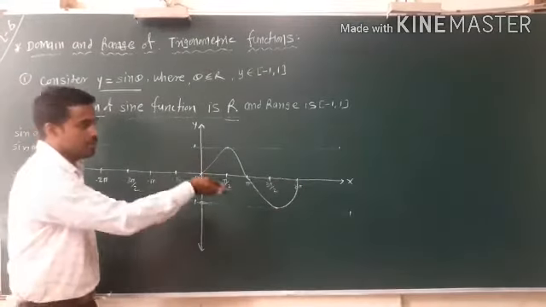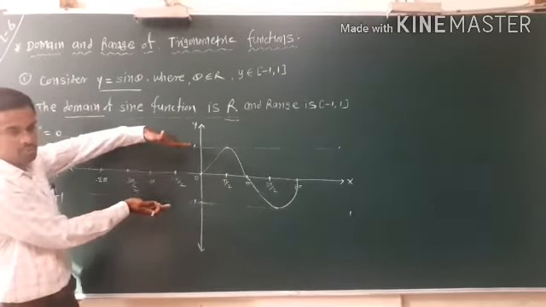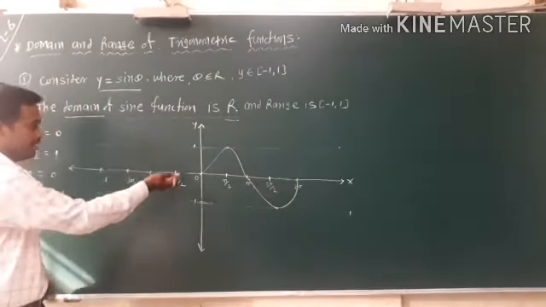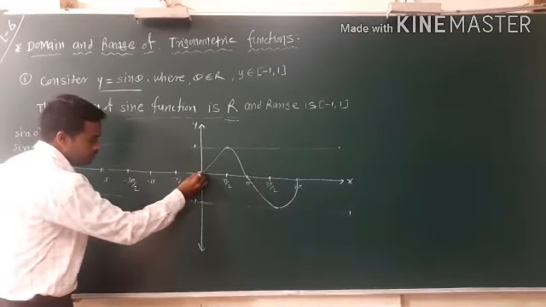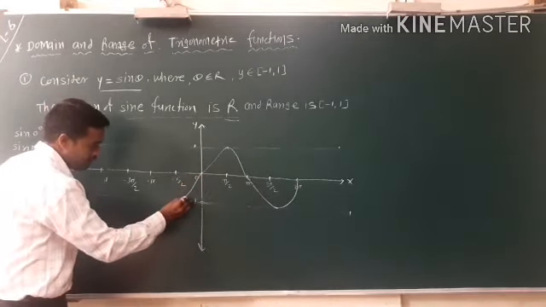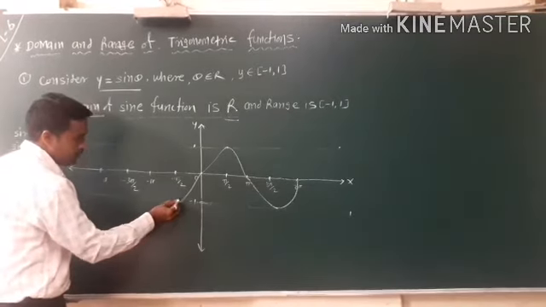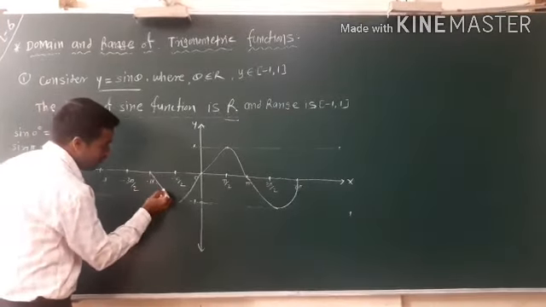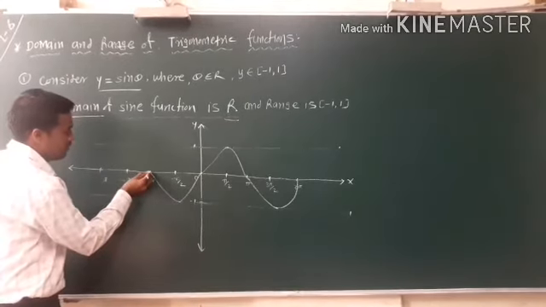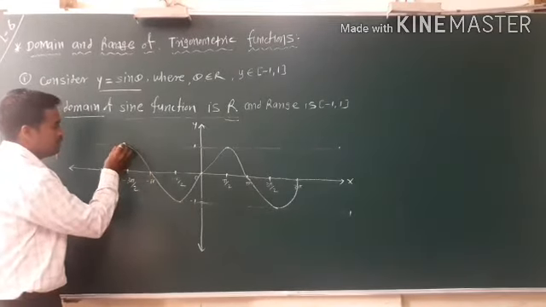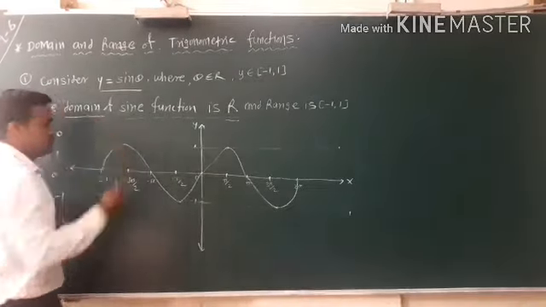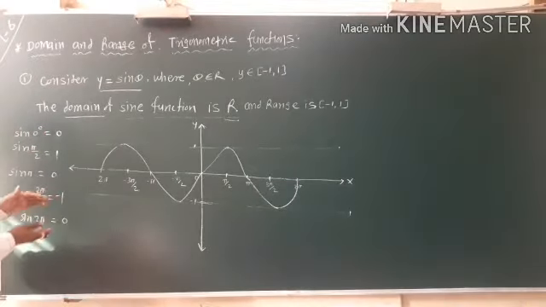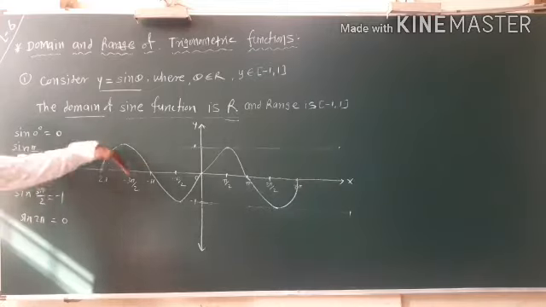This way the graph oscillates between -1 and 1. On the other side, sin minus pi by 2 is -1, sin minus pi is 0, and so on. The curve repeats this way.